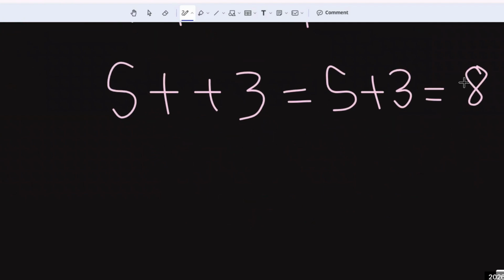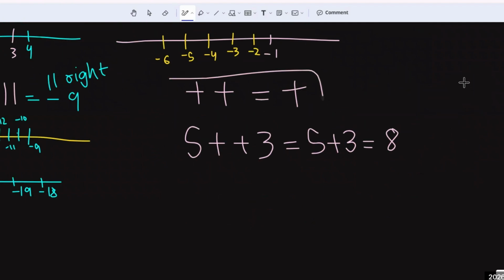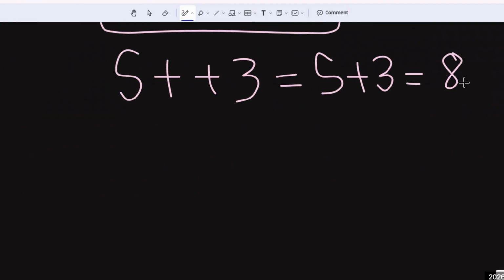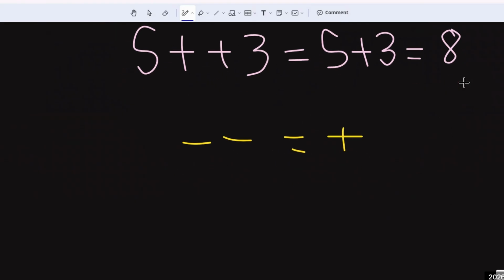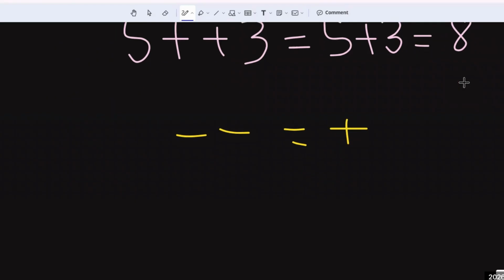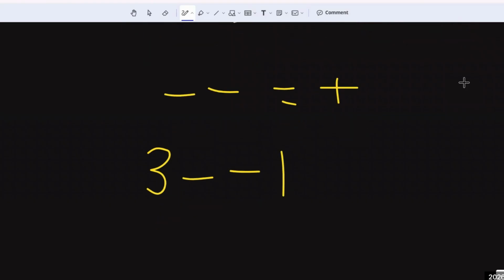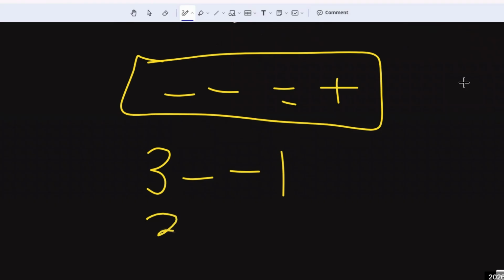But sometimes you have minus signs together. Both minus signs together mean plus. Let's suppose I have a question, 3 minus minus 1. You have two minus signs, and we know that minus minus means plus. So you put a plus 1. 3 plus 1, which is 4.